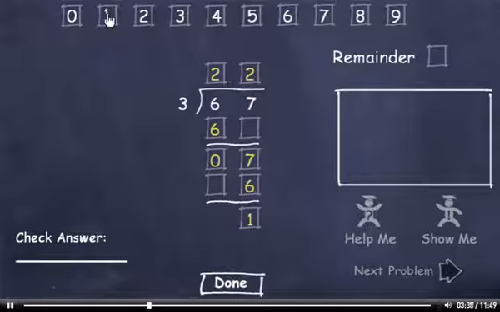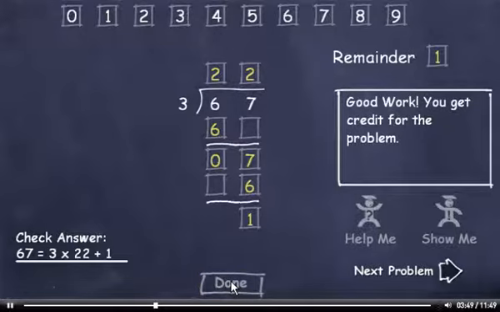Put 1 in the remainder box. The answer is 22, remainder 1. Click the Done button and click the Next Problem button.